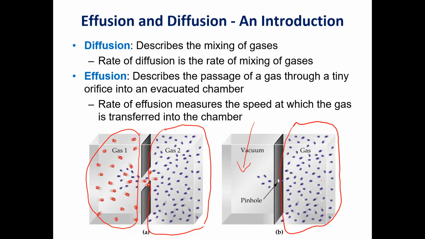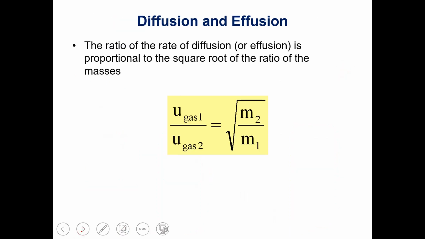So the rate of effusion is the speed at which the gas will be transferred into this container that was originally under vacuum. The ratio of the rate of diffusion or effusion is proportional to the square root of the ratio of the masses.